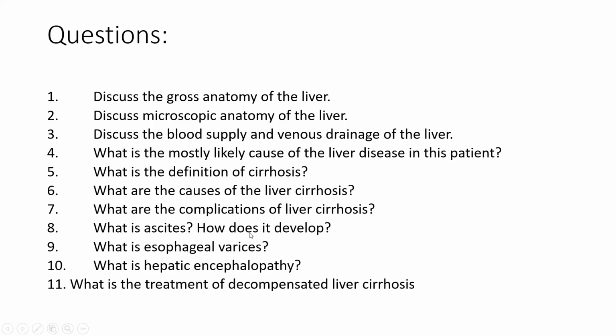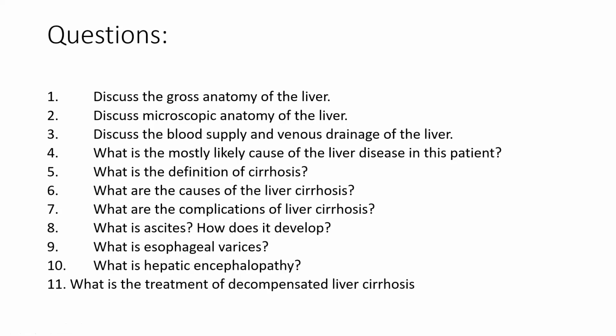What is ascites and how does it develop? What does ascites mean? Excessive fluid in the peritoneal cavity. Excellent. The collection of excessive fluid in the peritoneal cavity. We said to be clinically apparent it has to be above 500 milliliters.